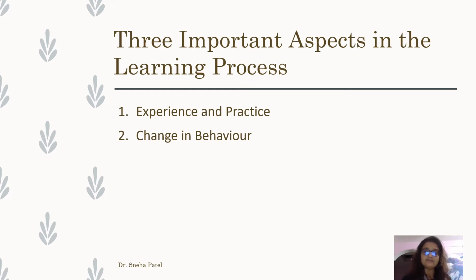Then only it can be said that learning has taken place. And if there is a change in behavior, then it should be for a longer period of time. It has to be a relatively permanent change that stays with us throughout our life. Only then can it be said to be learning. Students, let us study these three aspects in detail.